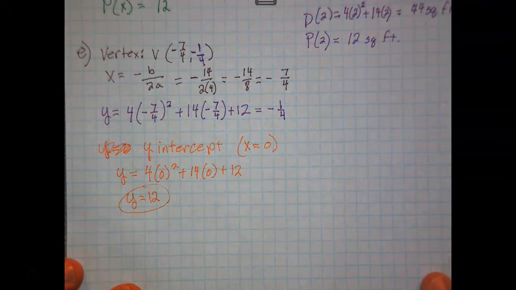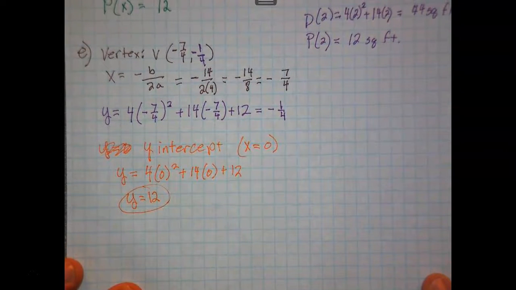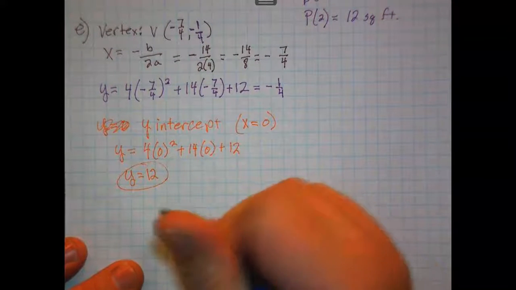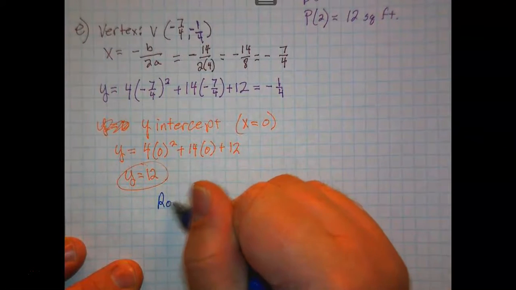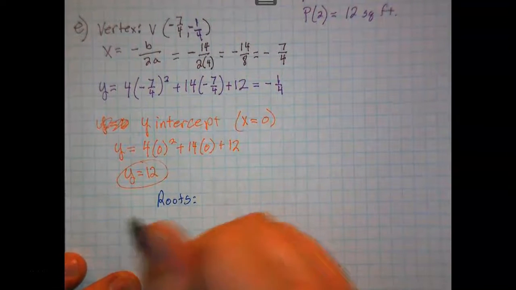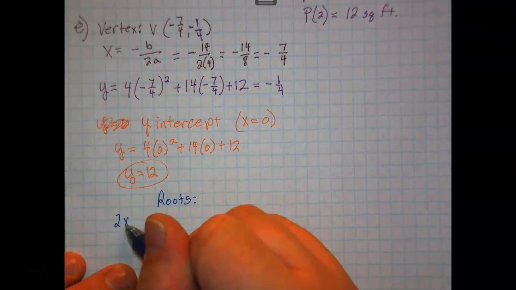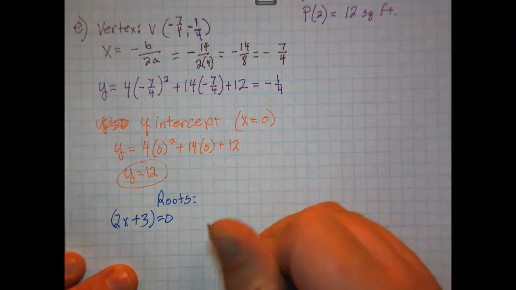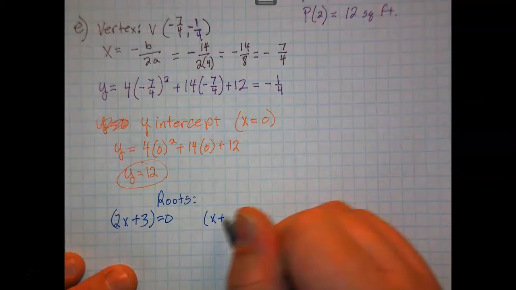Okay, what else do I got? We just got to graph it. That's it. Oh, roots. The roots. See, we have our factors, right? 2x plus 3, and the other root, x plus 2.